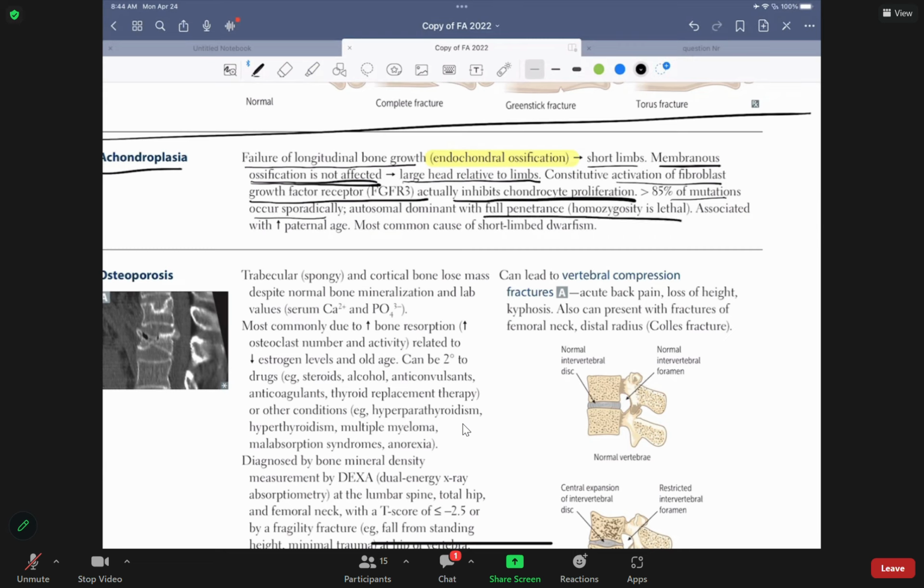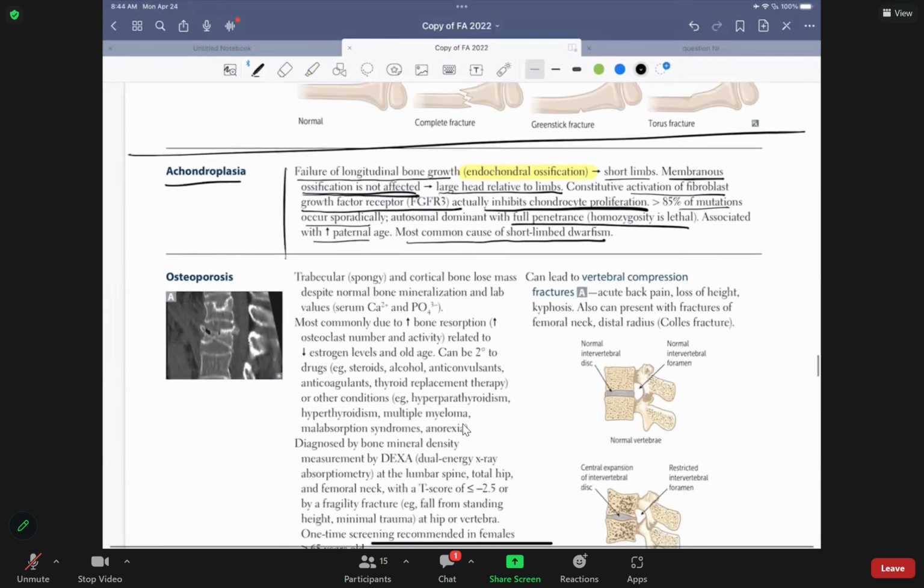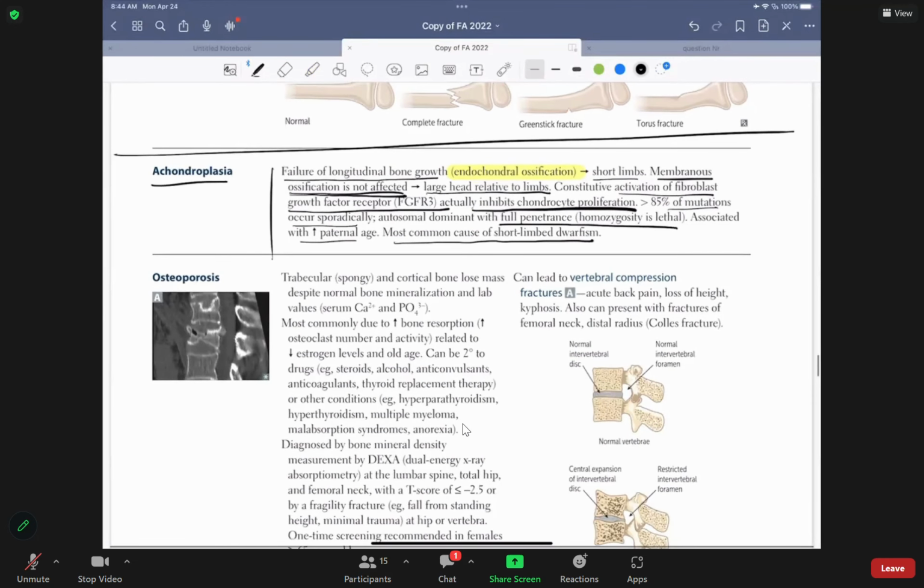If you have the gene, you get the disease. There is no escape. Homozygous is lethal. Associated with paternal age, it is the most common cause of short-limb dwarfism. That's basically it, folks. These people have short extremities, but the head and body are normal. So that's achondroplasia. You see, when you know what endochondral and membranous ossification are, the disease is nothing. It's a simple disease, folks.